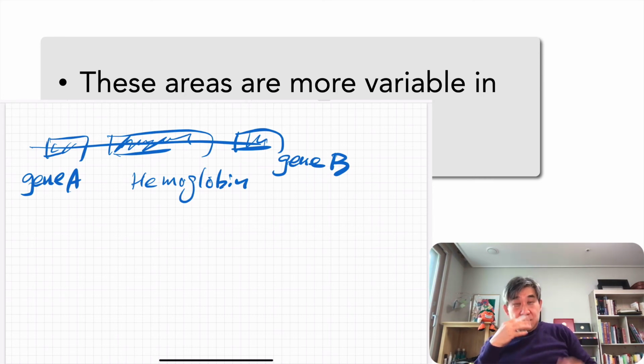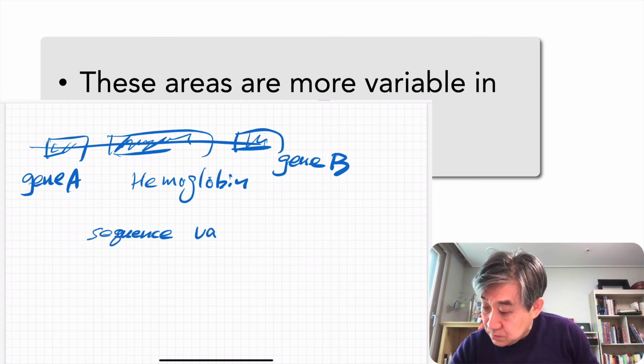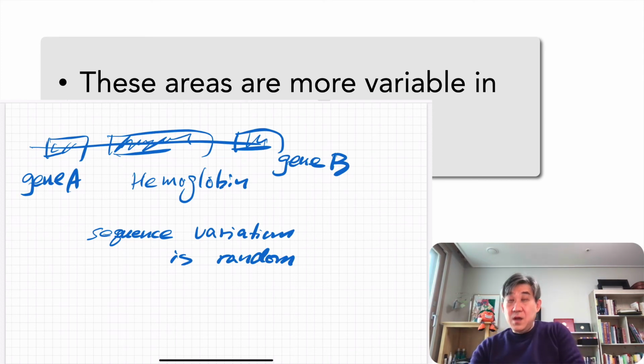Let's say the sequence variations occur randomly. The DNA sequence variation is random; it will occur spontaneously as a result of random mutation.